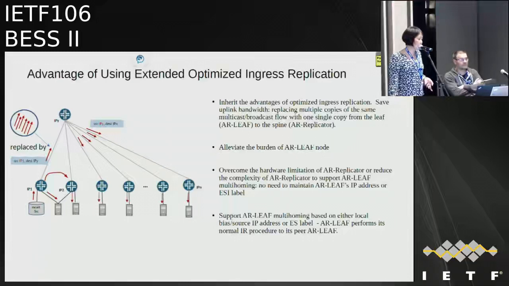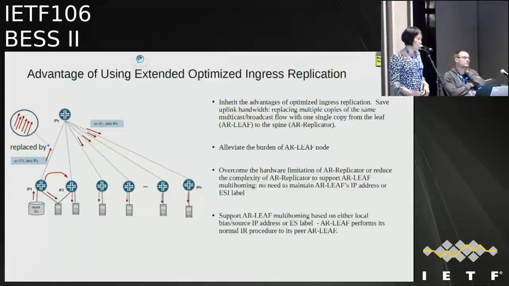Without the optimized ingress replication for EVPN, leaf one would send 6 copies of the same multicast flow to the spine. With the optimized ingress replication, it only needs to send one copy, and then the replicator, which is the spine, replicates the traffic to the rest of the AR leaves, assisted replication leaves.